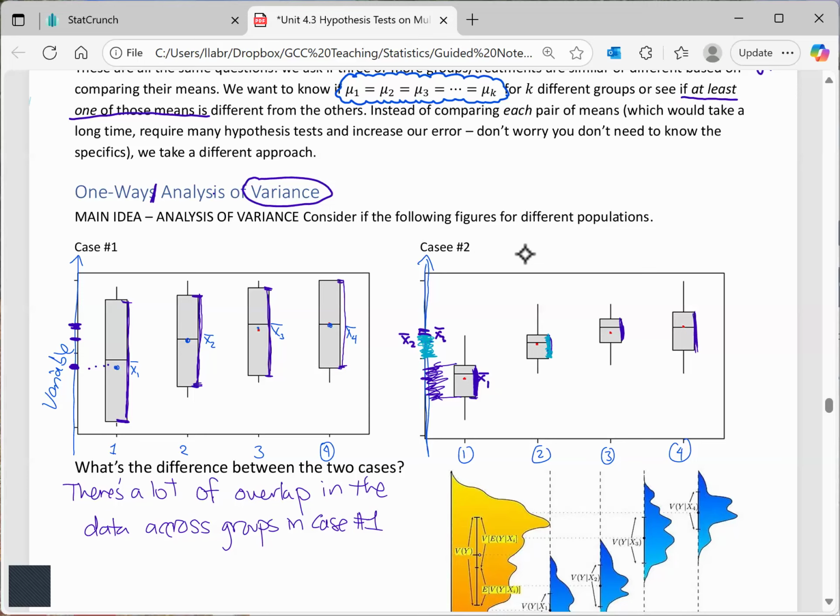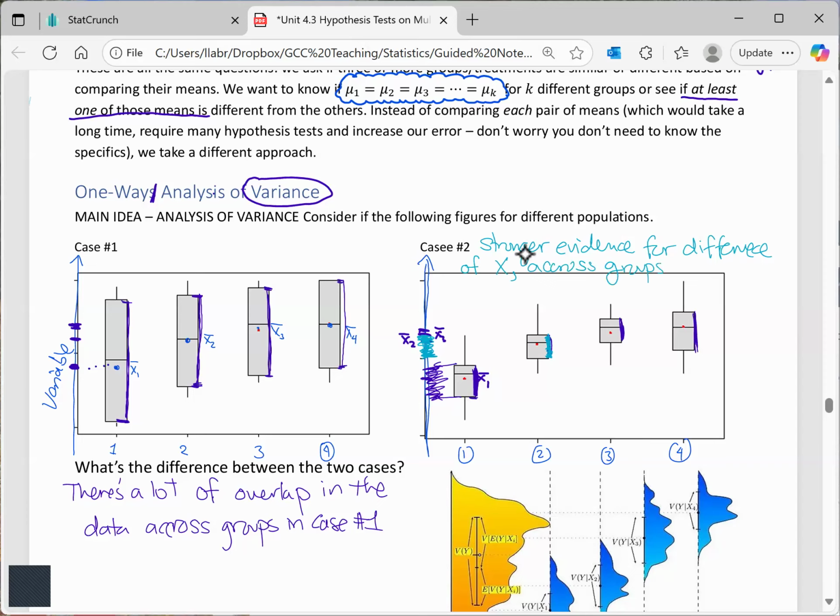So case number 2 actually provides stronger evidence for a difference of the random variable x that you're interested in across different groups.